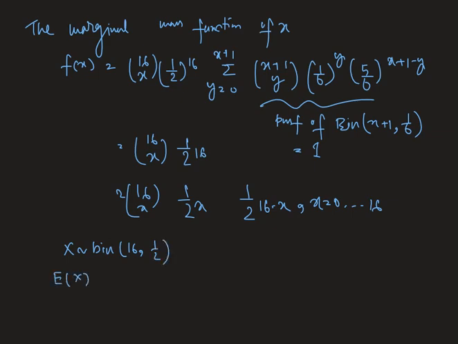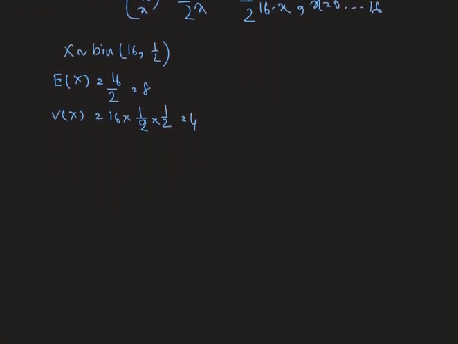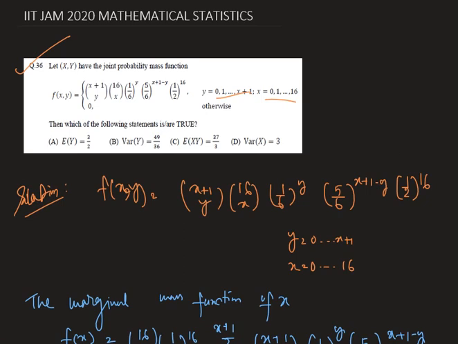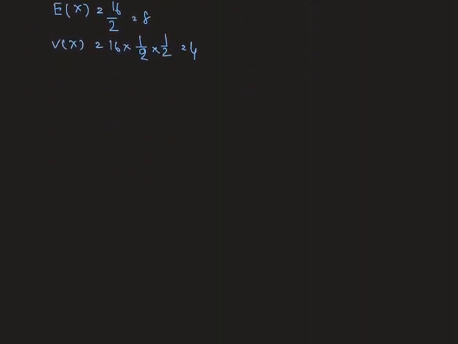Hence expectation of x is 16 by 2, which is 8, and variance of x is 16 into half into half, which is 4. Hence we found that option D is wrong, as we get variance of x equals 4.